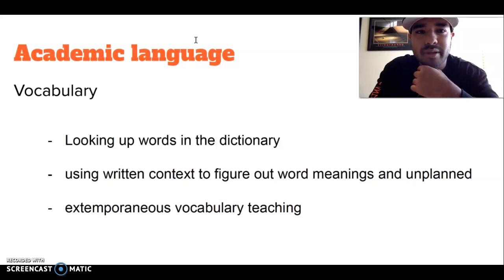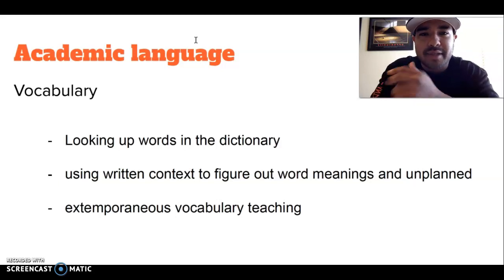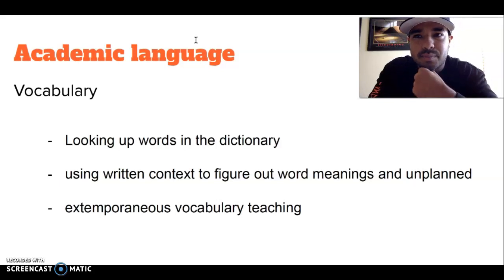Like, everyone pull out your dictionary and look up the word. They get stuck. You don't want to do that. Students struggle with deriving meaning from definitions because dictionaries are very technical. Even in the definition, there may be words that they don't actually understand themselves.